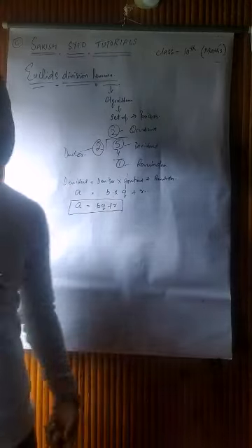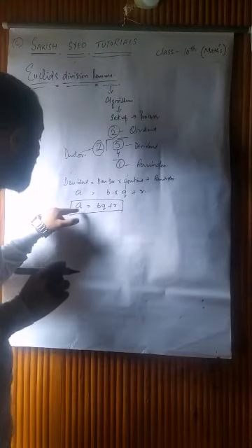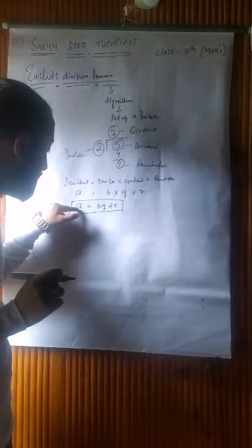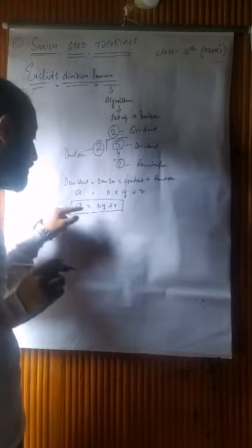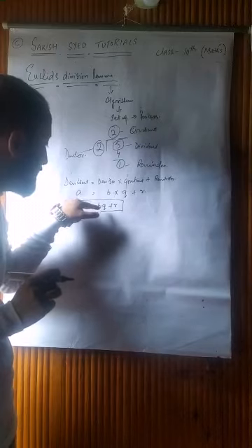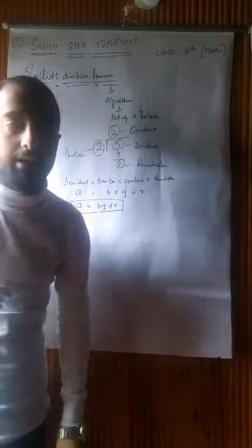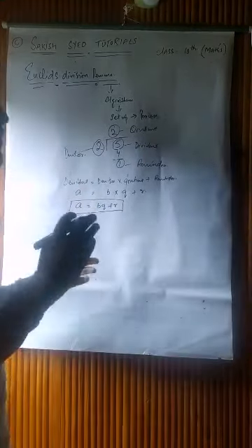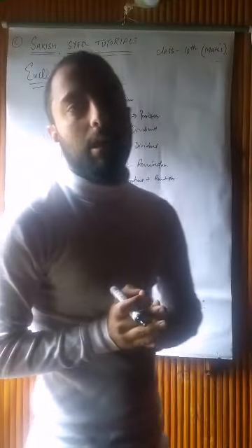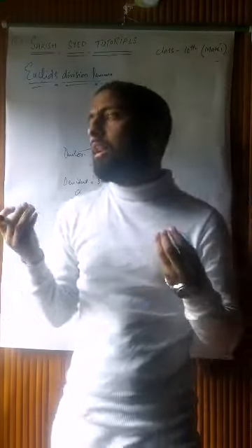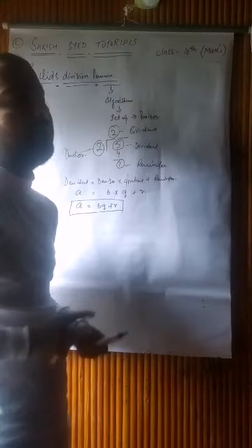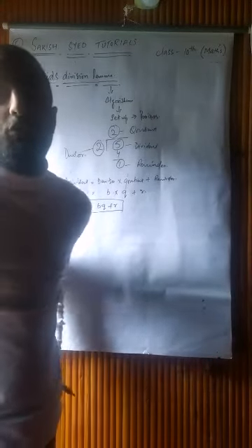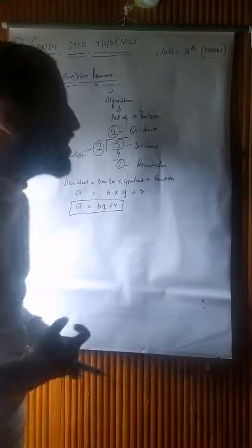That is, a equals bq plus r, which means a is the dividend, b is the divisor, q is the quotient, and r is the remainder. So the dividend is equal to the divisor into the quotient plus the remainder. You all will be familiar with this: whenever we divide two things, we also need to check our division.